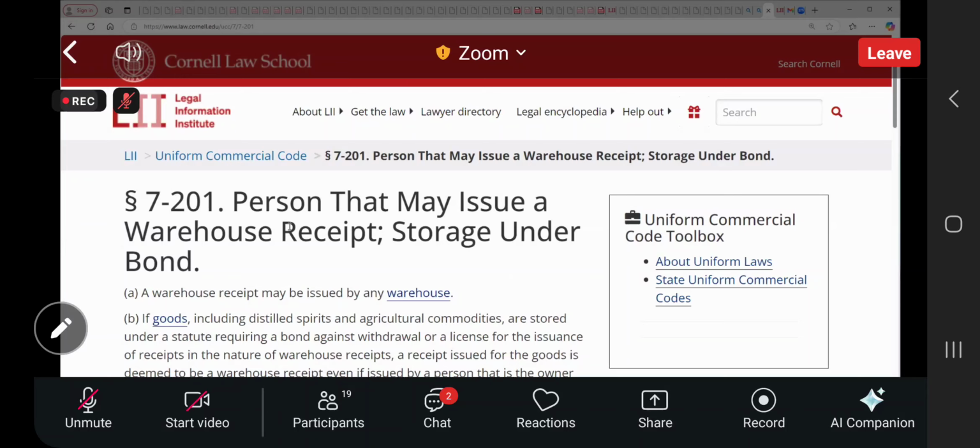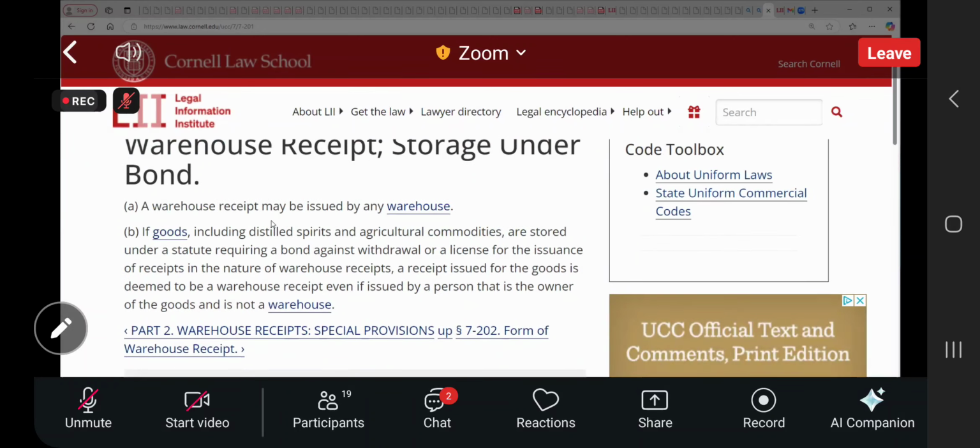Yes. The person that may issue a warehouse receipt, storage under bond. That sounds like us. A warehouse receipt may be issued by a warehouse. That means the Secretary of State or the Department of State is considered a warehouse.